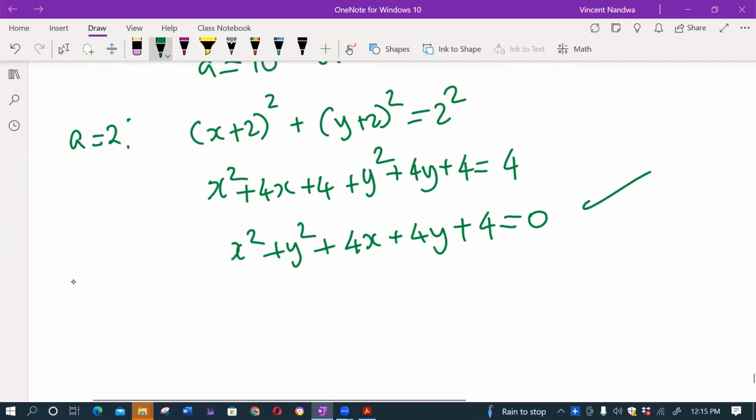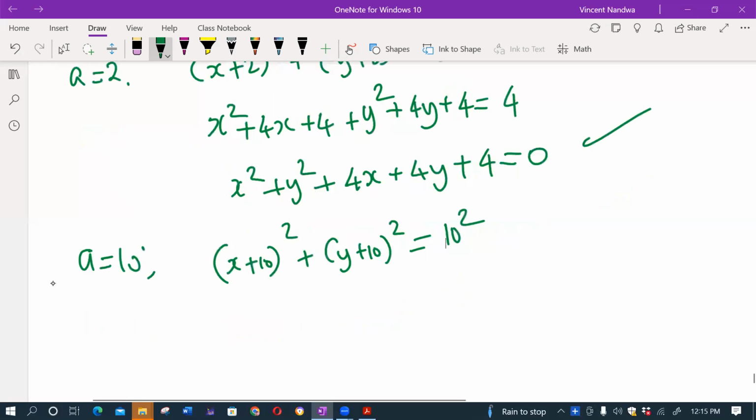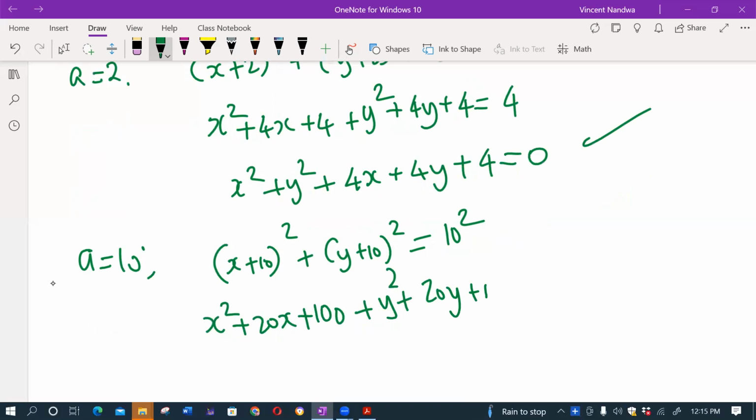And when A is 10, we have (x + 10) squared plus (y + 10) squared equals 10 squared. So this will be x squared plus 20x plus 100 plus y squared plus 20y plus 100 equals 100.